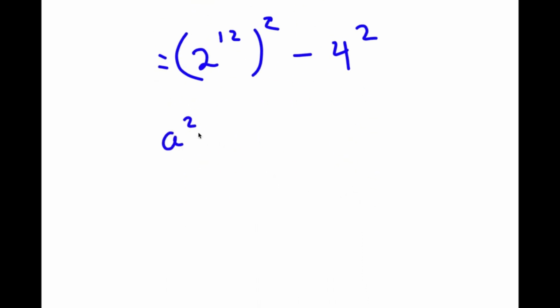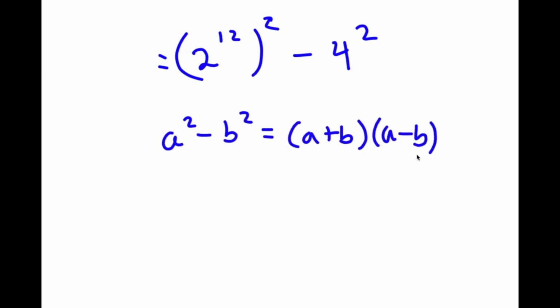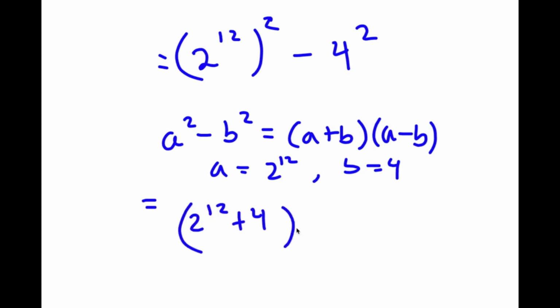Now if I have something in the form a squared minus b squared, this is equal to a plus b times a minus b. So in this case, a is 2 to the power of 12, and b is 4. So I have 2 to the power of 12 plus 4 times 2 to the power of 12 minus 4.